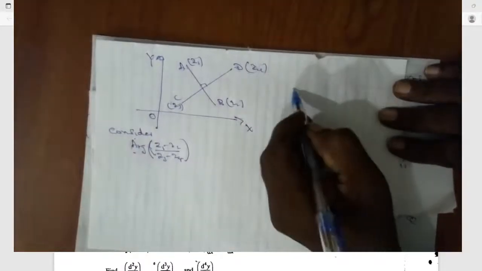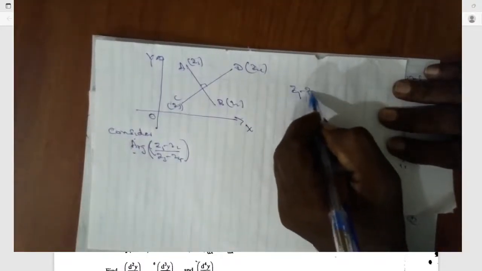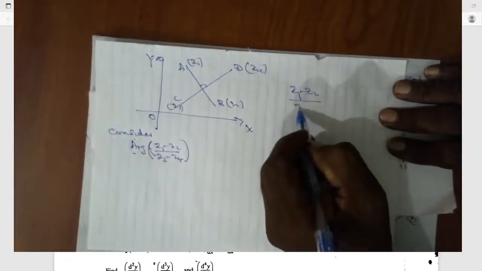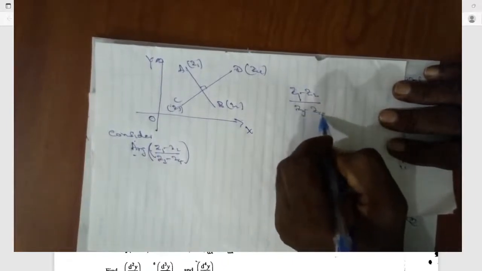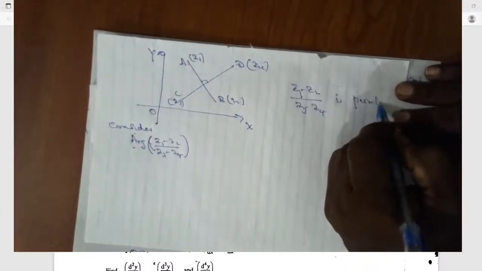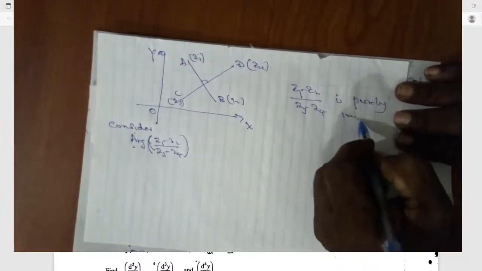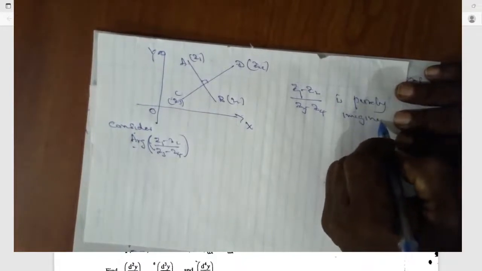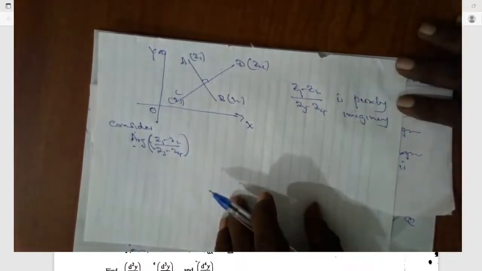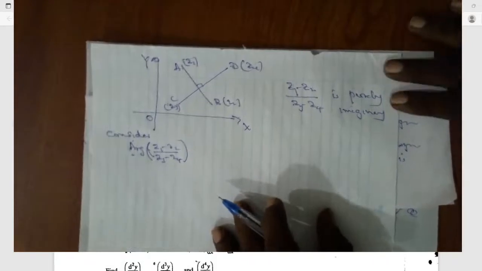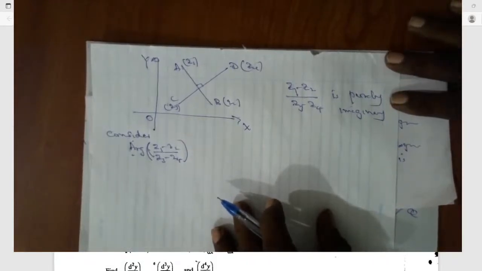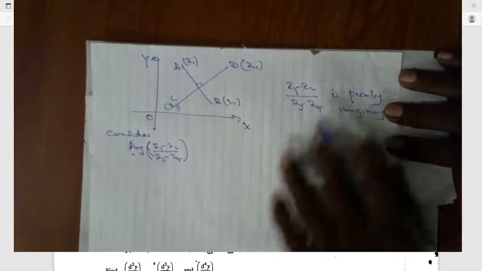But we have to show C1 minus C2 over C3 minus C4 is purely imaginary. You consider the argument of this one.